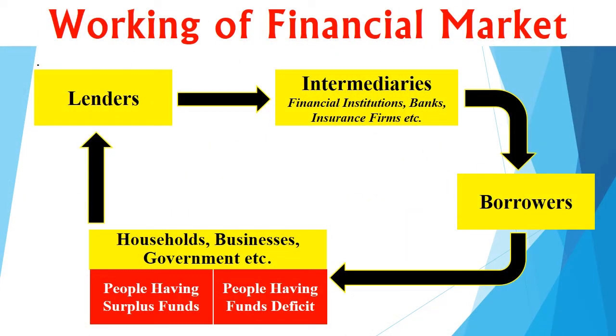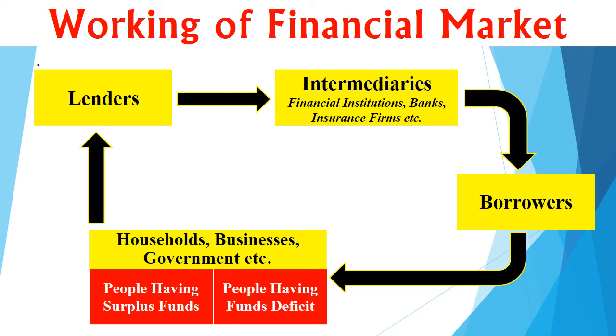This diagram explains the working of financial markets. The lenders, the borrowers and the intermediaries are the three main components of the financial market working system. The lenders are the people or the business or the government bodies who have surplus funds, and they invest their money in various financial securities available in the market.